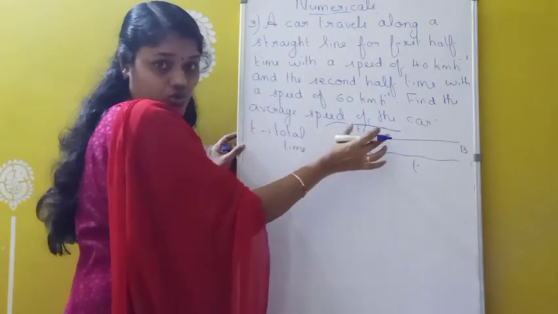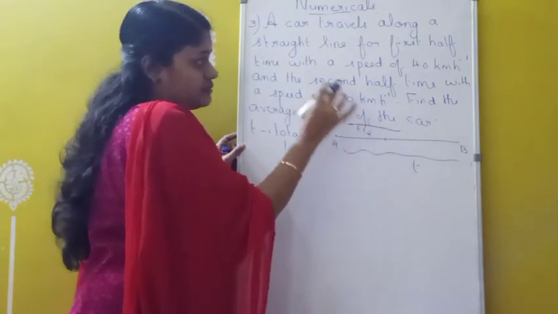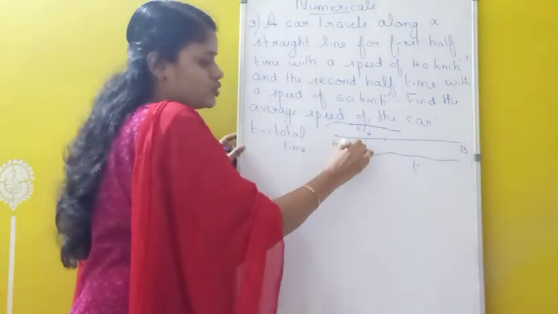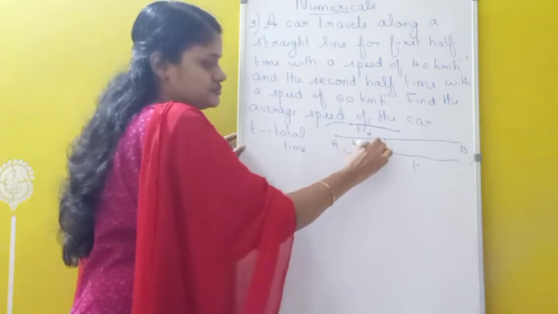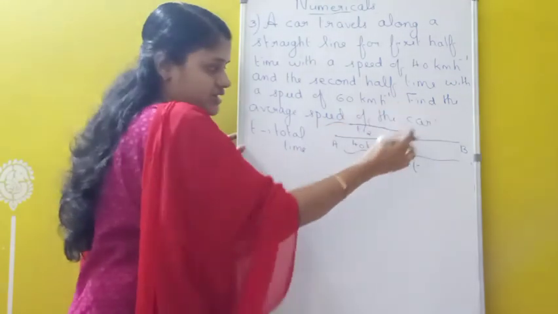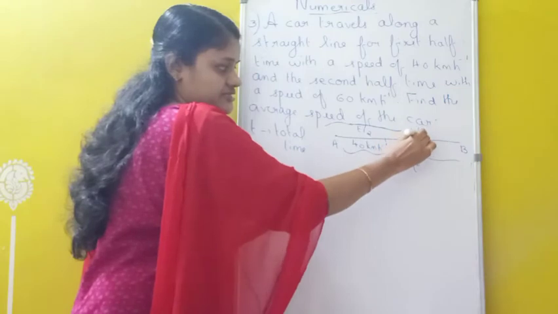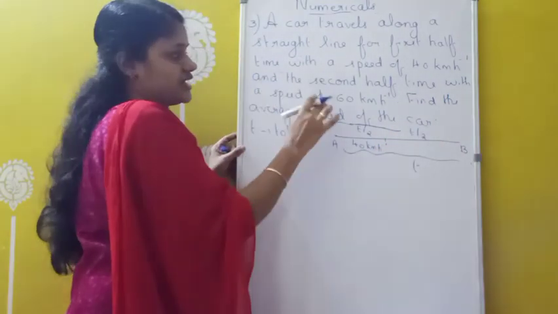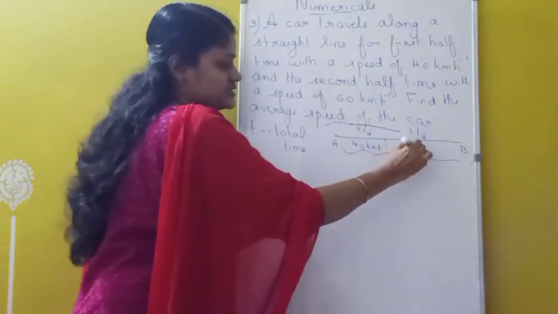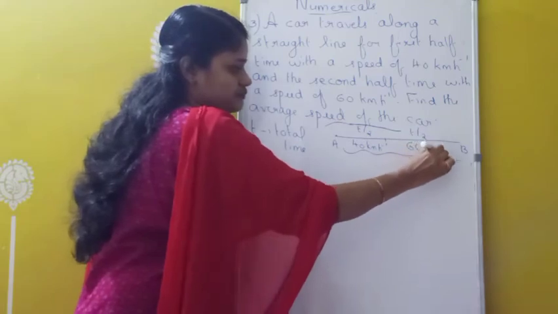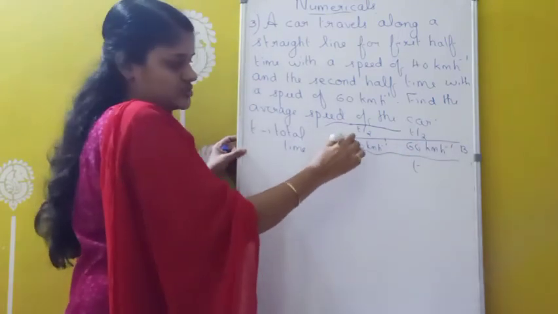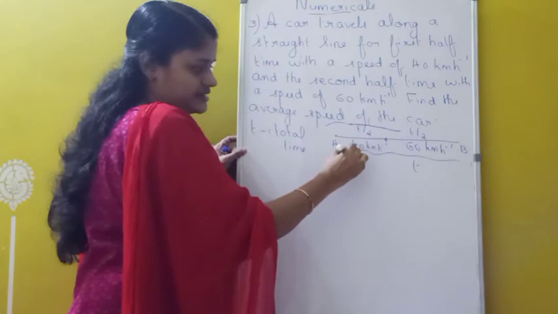First half time, not distance. The first half time is covered with a speed of 40 km per hour. And the second half time, the remaining T by 2, second half time only, is covered with a speed of 60 km per hour.